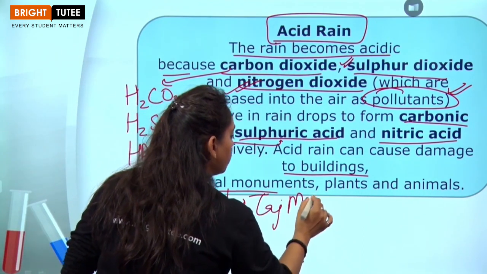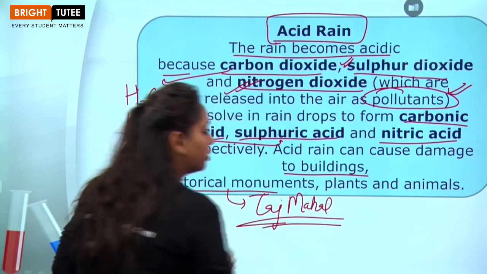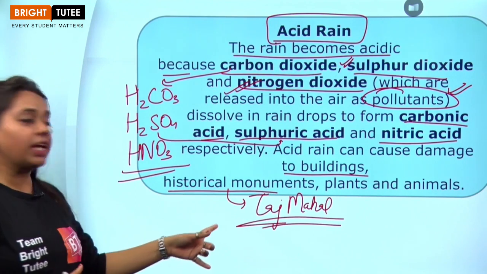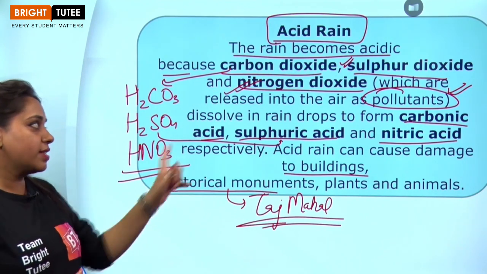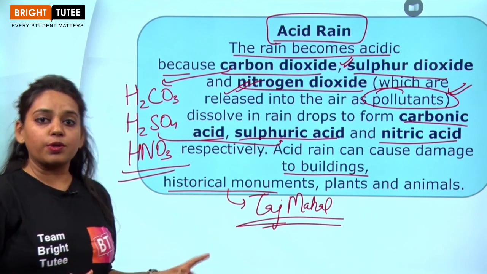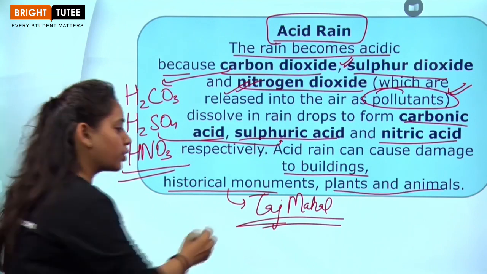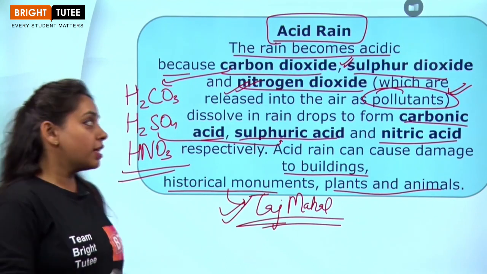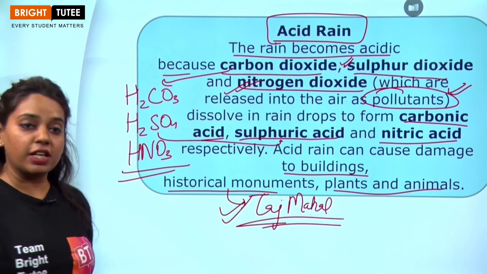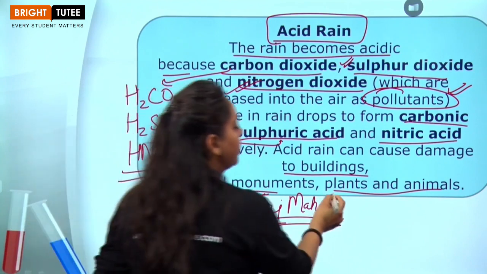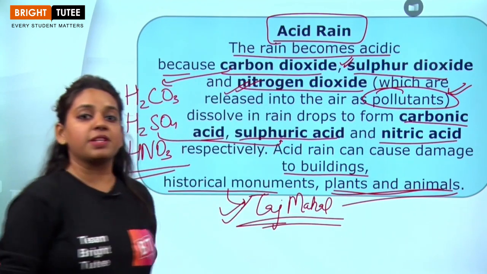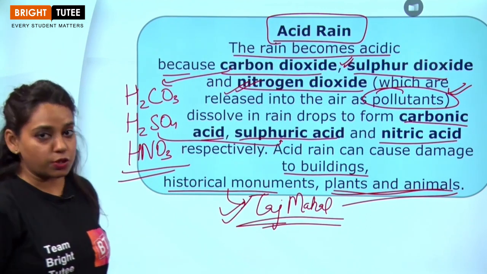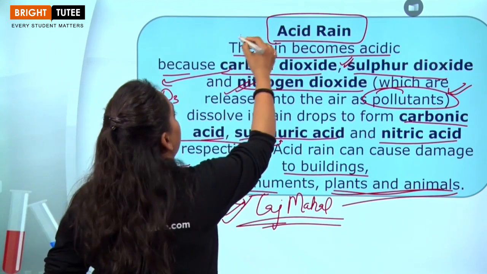It is due to the acid rain caused by the lot of industries in Agra where Taj Mahal is located, and this causes acid rain and thereby corrodes the marble of Taj Mahal and various other monuments. This acid rain is also very harmful for aquatic plants and animals, and also the animals that live on the land, and it also disturbs the pH level of the soil. So this acid rain is very harmful.